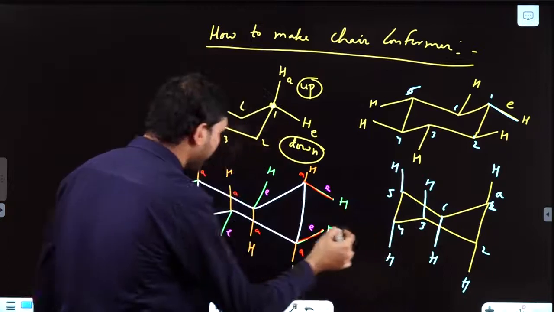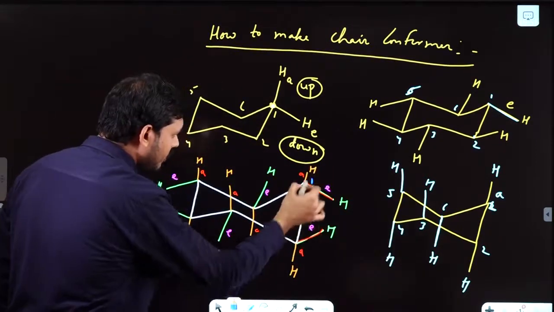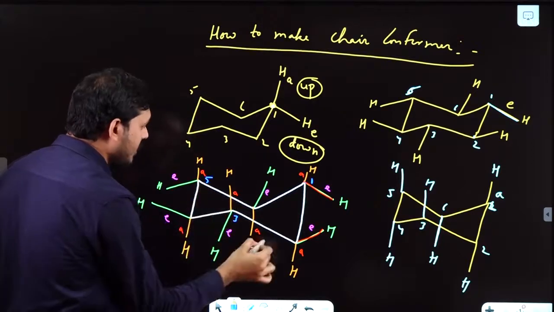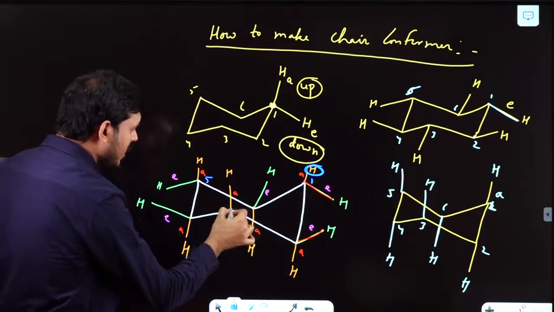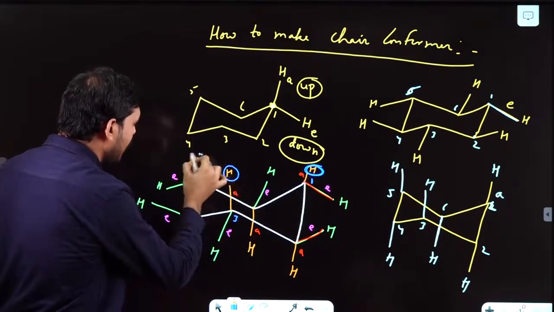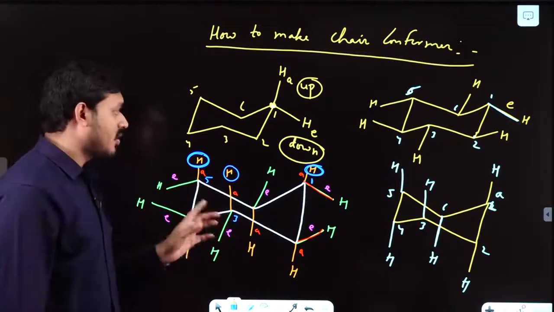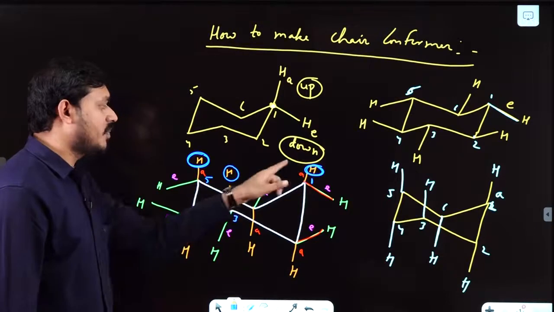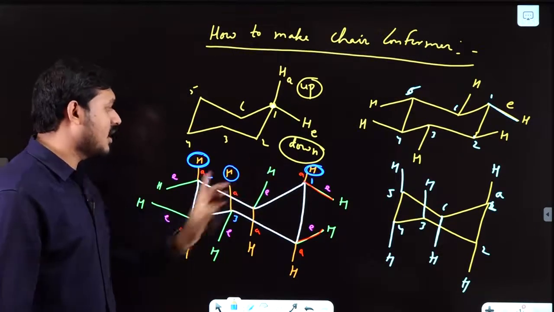Okay, but the main point of observation lies here. Just observe that this one position, one carbon, this 3 carbon and this 5 carbon, 1 3 5, here this 1 number of hydrogen, this 3 number of hydrogen and this 5 number of hydrogen, there exists some sort of repulsion. Okay, here you are having this 1 3 diaxial repulsion, again you are having 1 5 diaxial repulsion.